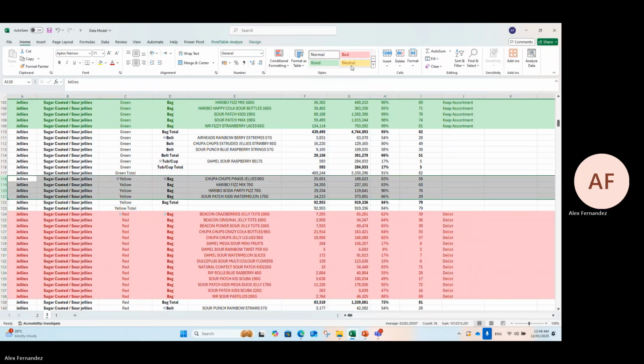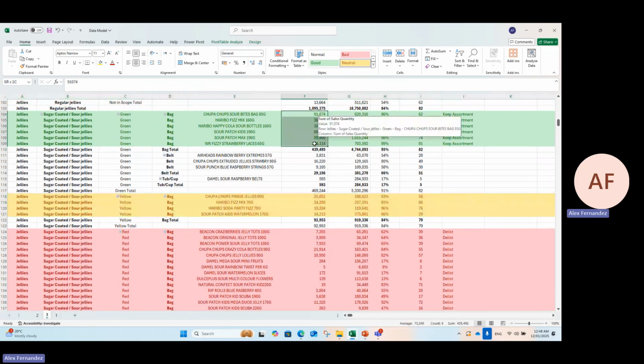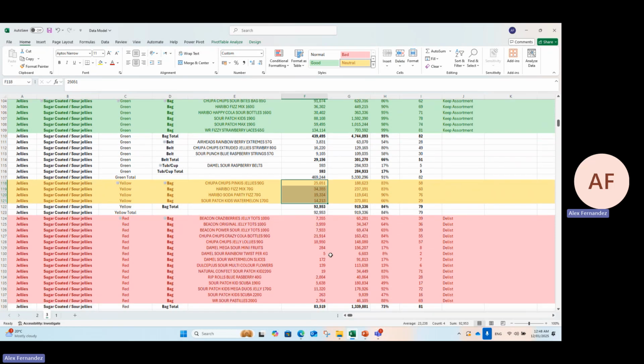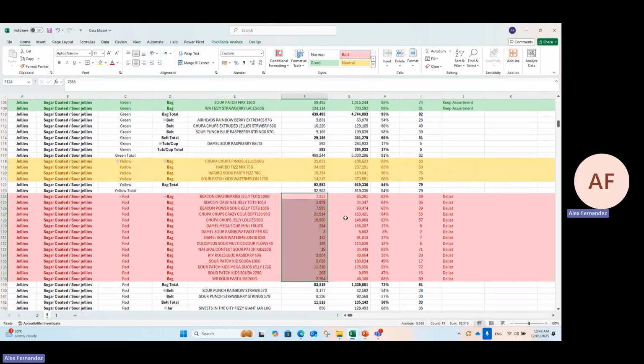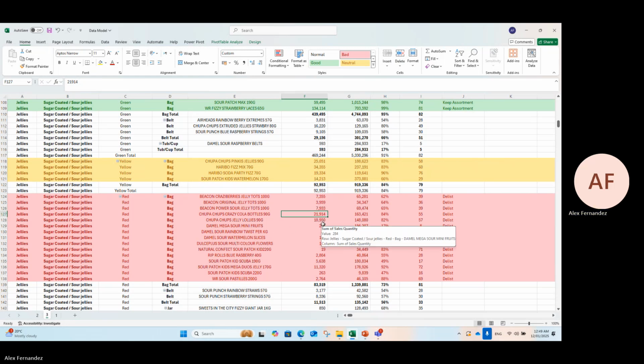So the average again, the average of bags here is 70K. For the yellows, it's 23K, and here it is 5,000. So here we see a couple of SKUs, Crazy Cola, 21,000. So it's very near the yellow ones.